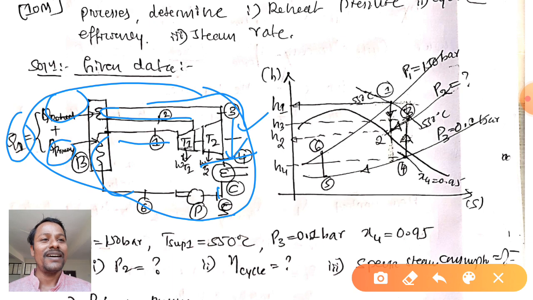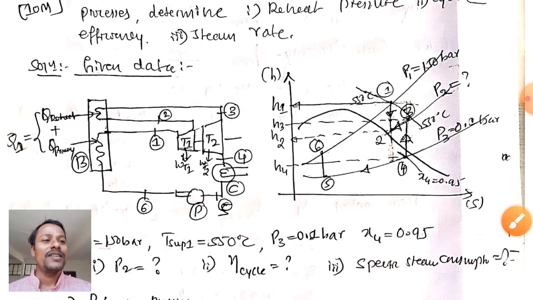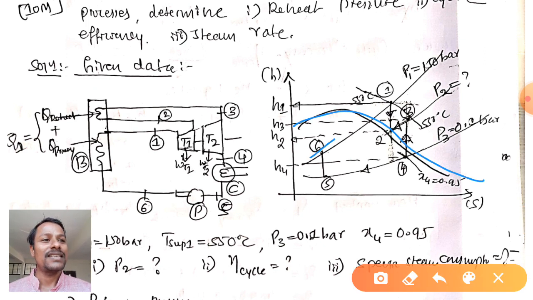So the corresponding enthalpy entropy diagram we know from the theory. This is the saturated vapor line, and this is the boiler pressure line, that is 150 bar pressure, and again we have 550 degrees Celsius at the turbine. Wherever both intersect we have marked it as point 1.